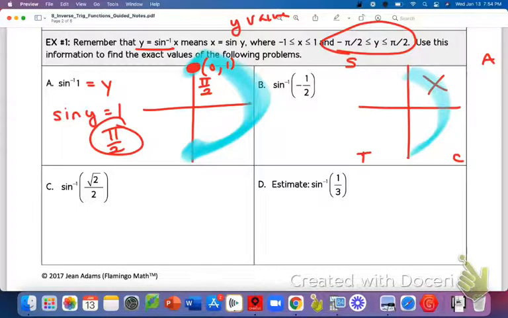So now I'm going to look on my unit circle to see where do I have my y coordinate at -1/2. Well, it's going to be at positive √3/2, -1/2. And my radians on that is 11 pi over 6. Well, 11 pi over 6 is this whole entire angle. That's not between negative half a pi and positive half a pi.